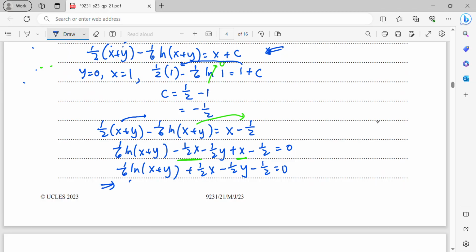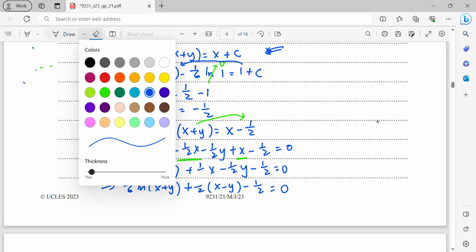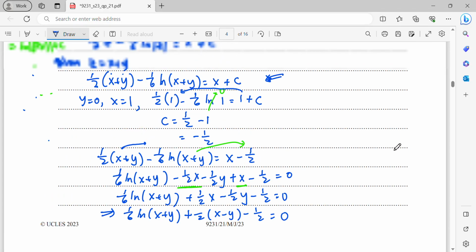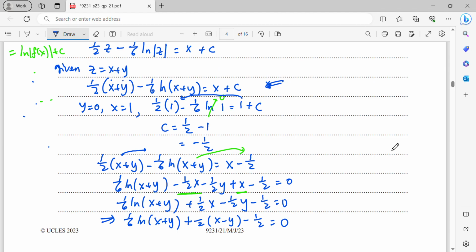Which means here, 1 over 6x ln x plus y, the half will be taken out. So plus half bracket x minus y, then minus half equals to 0. That is my final answer. Okay, so this is the solution for question number 2.